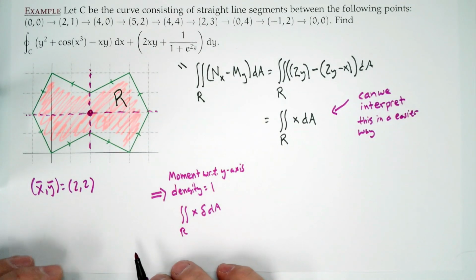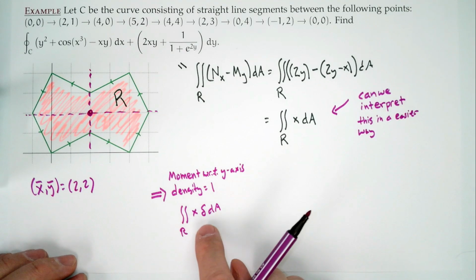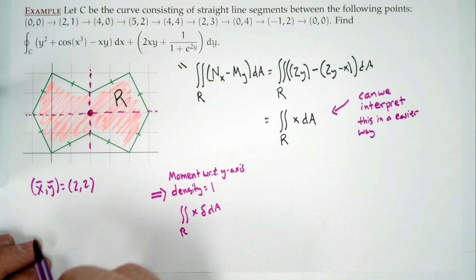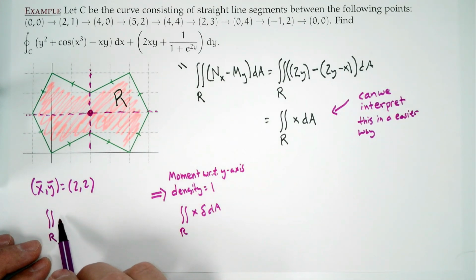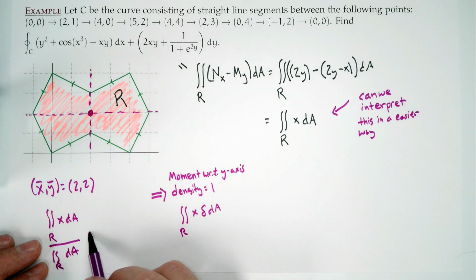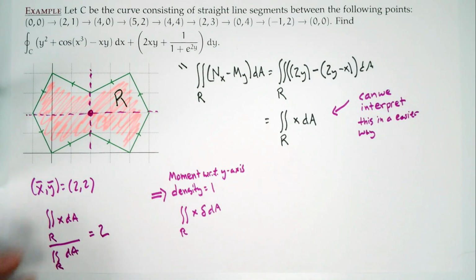And what does that tell us? Well, this right here is the moment with respect to the y-axis, and we know that if we take the integral over R of x dA and divide it by the integral over R of just dA, because our density is 1, that would be our x bar.